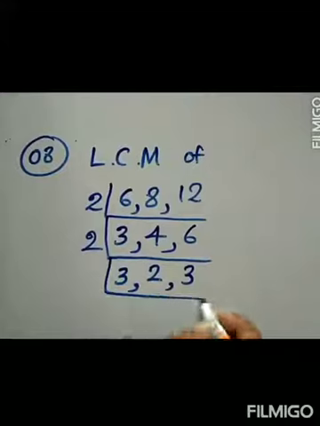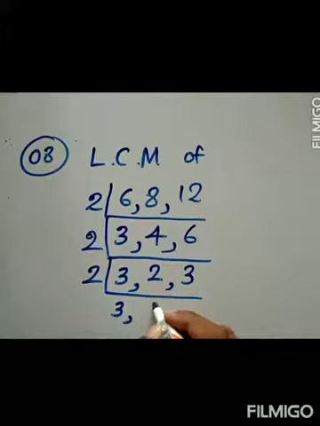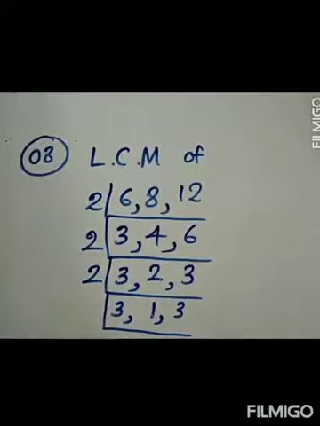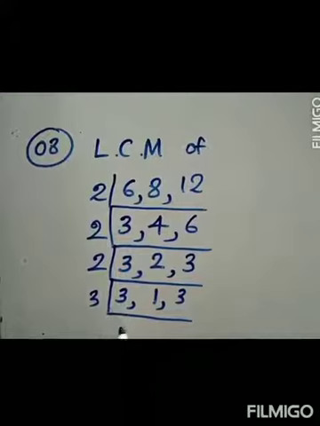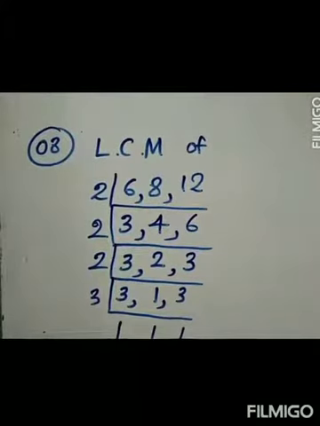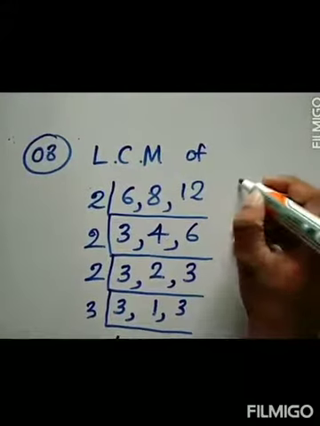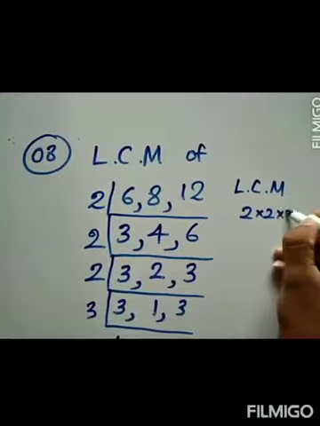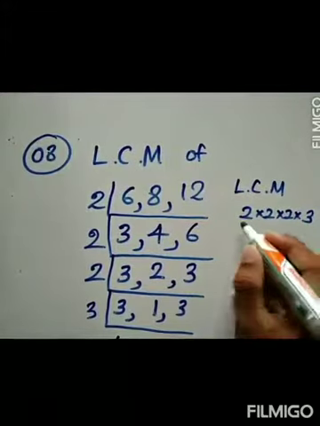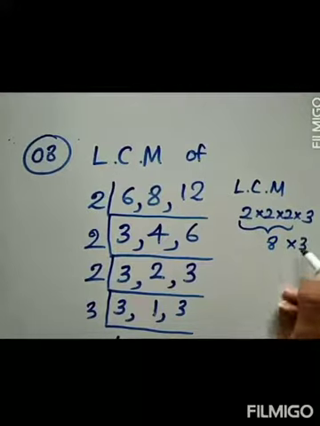Then again there's only one number divisible by 2, so you can divide by 2. 3 stays unchanged, 1, 3. Then at the last step you have to divide both numbers by 3. So 3 divided by 3 is 1, 1, 1. Then the LCM you can get: 2 into 2 into 2 into 3. Then 2 into 2 is 4, 4 into 2 is 8. 8 times 3, the answer is 24.